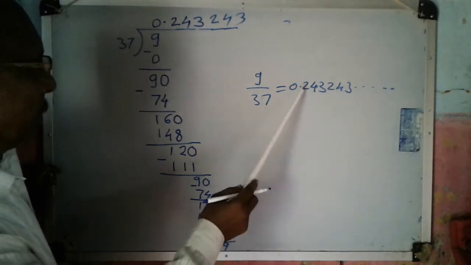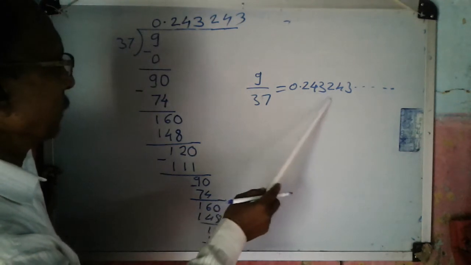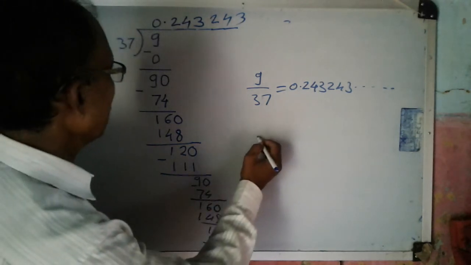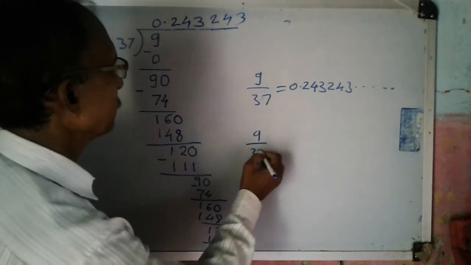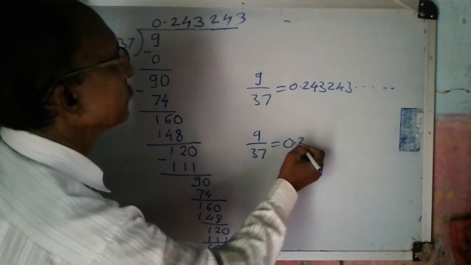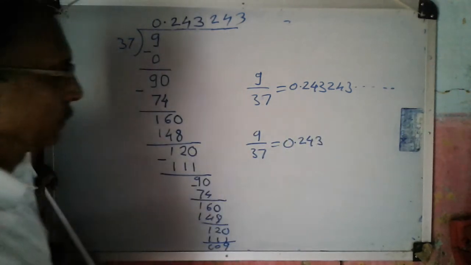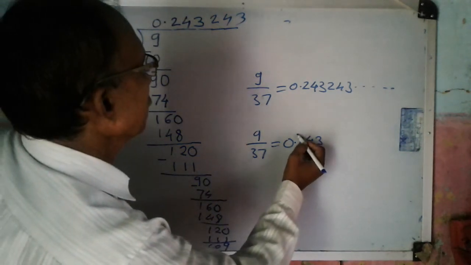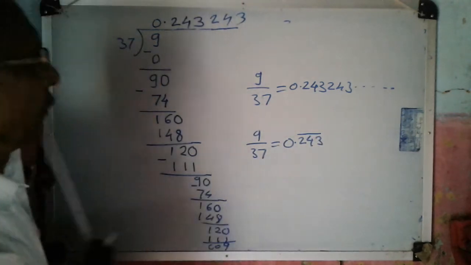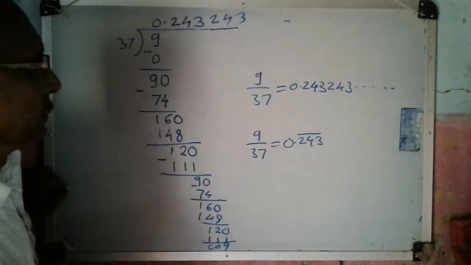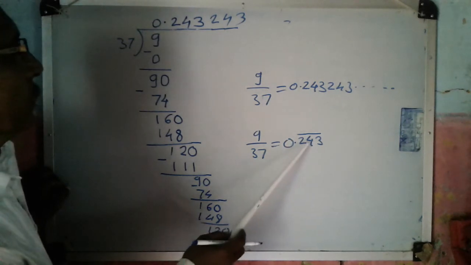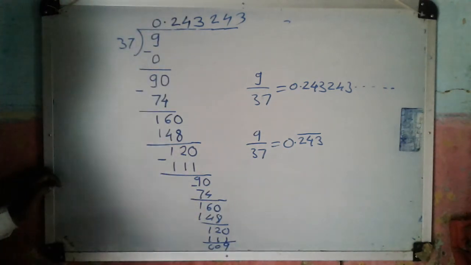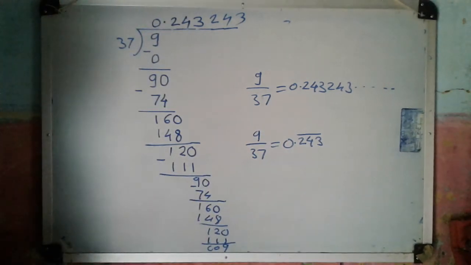Here digits 2, 4, 3 are repeating again and again. These are recurring digits. So we can write it like this: write a bar over these 3 digits. The meaning of this bar is that 2, 4, 3 are recurring again and again. So this is the decimal form of 9 upon 37.